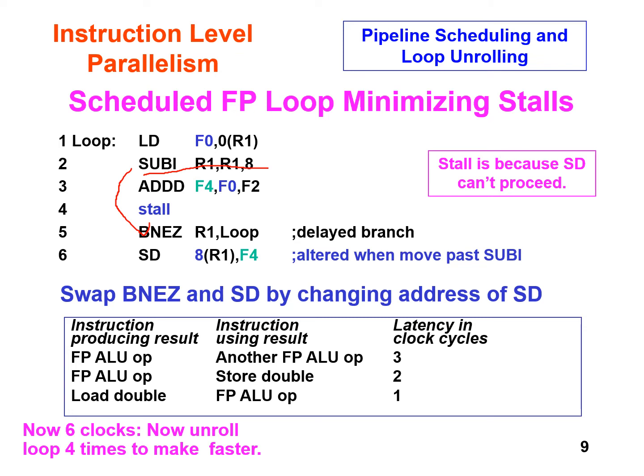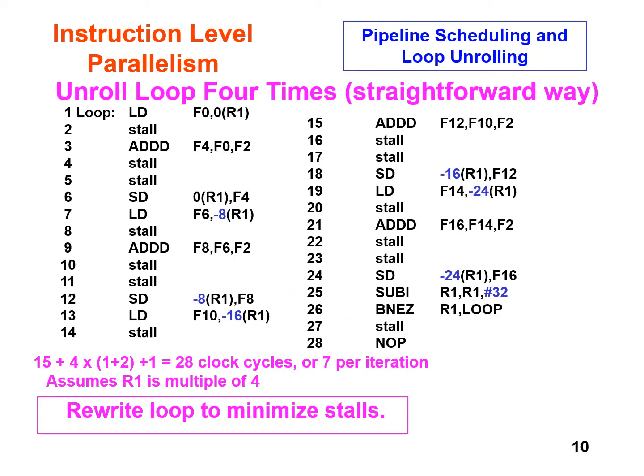Now we are going to do the loop unrolling technique. Loop unrolling means, we are going to look at the example. So we are going to do this load, add and store operation in a repeated way.